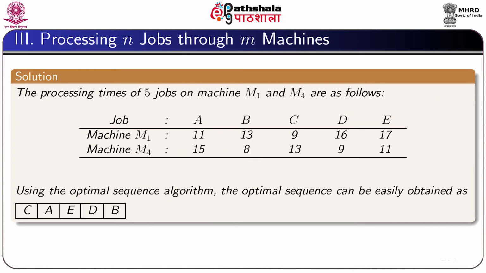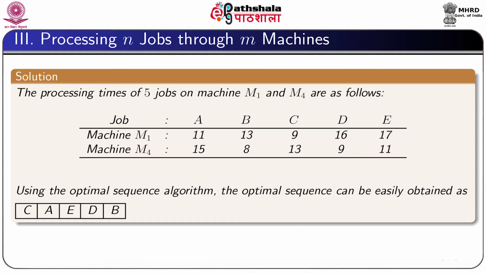The processing times of 5 jobs on machines M1 and M4 is as follows. Jobs A, B, C, D and E, and machines M1 and M4, their processing times are the processing times already given.